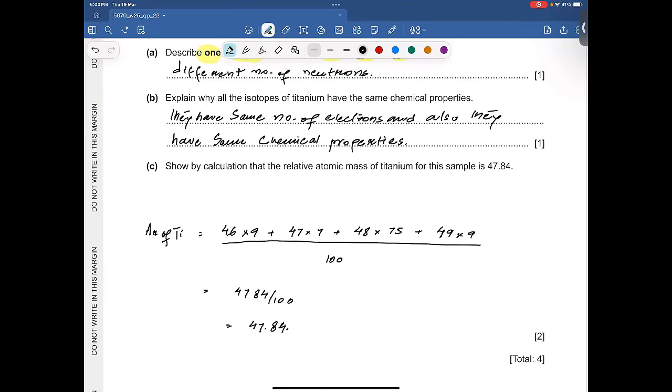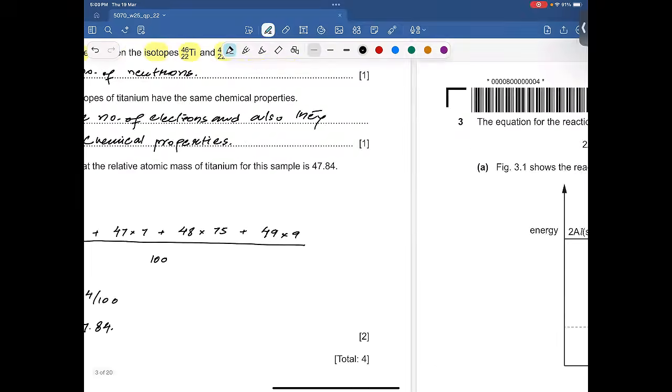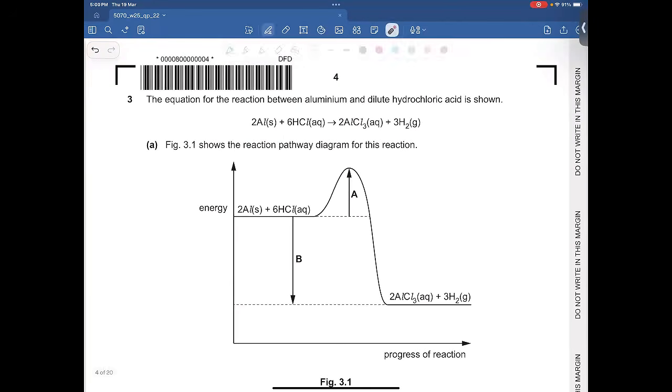Okay. So that's the second question. Let's move on to the third one. The equation for the reaction between aluminum and dilute hydrochloric acid is shown. This shows the reaction pathway diagram for this reaction. Since the energy of the product is lower than the energy of the reactant, this reaction is exothermic.